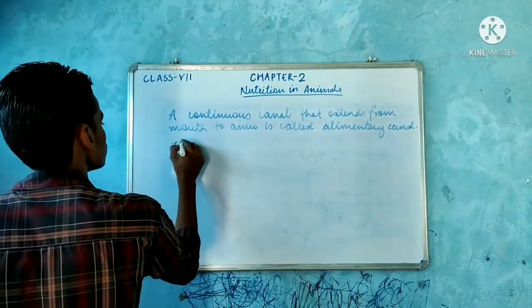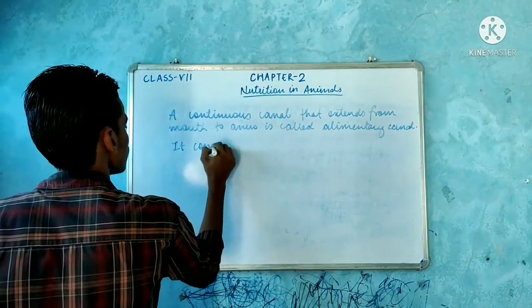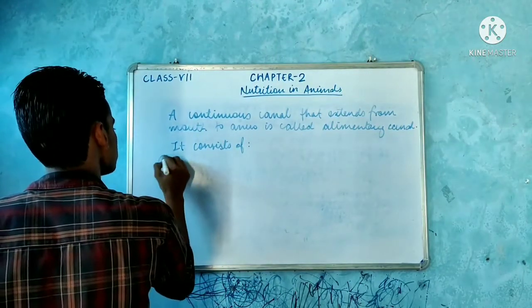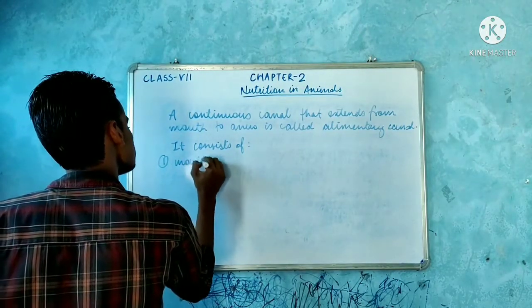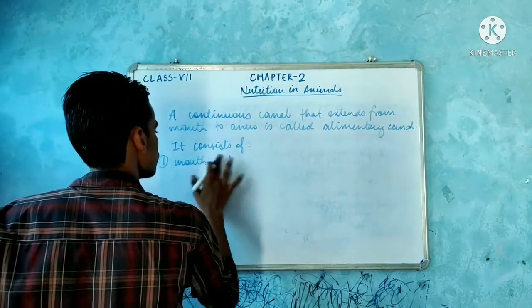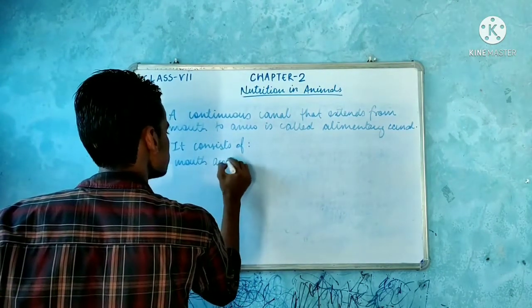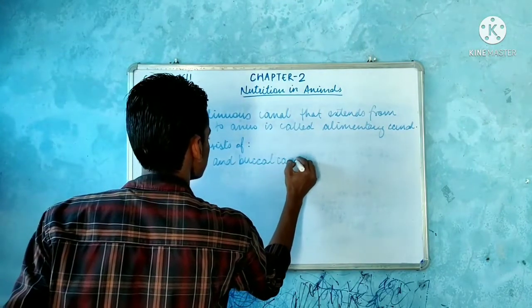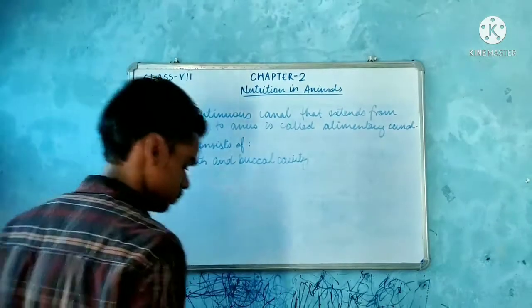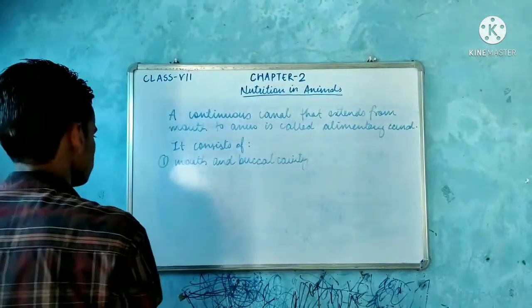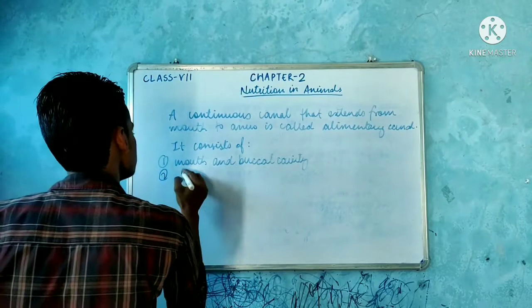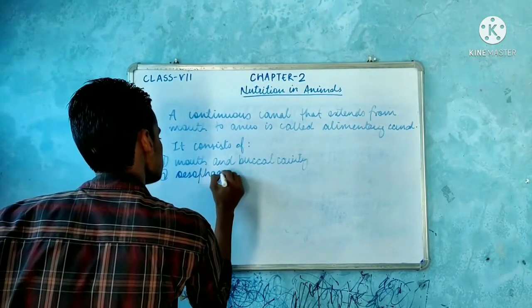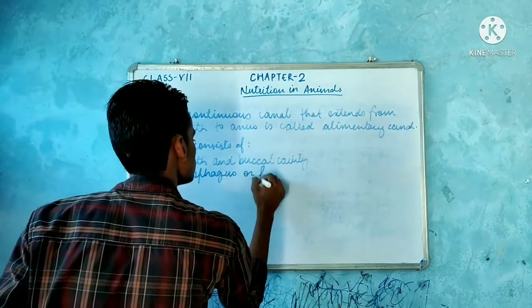It consists of first, mouth and buccal cavity. Second is the esophagus or food pipe.